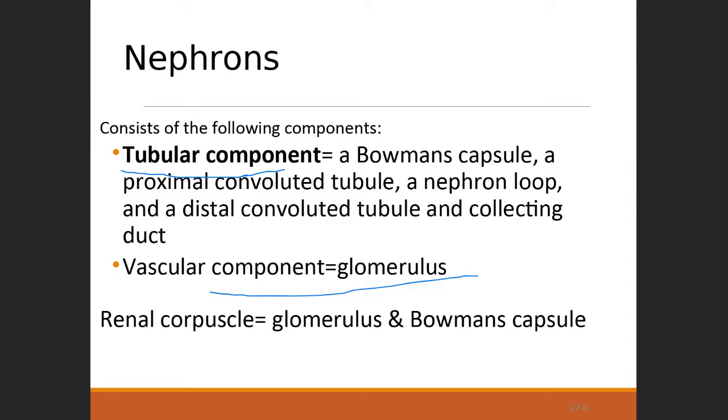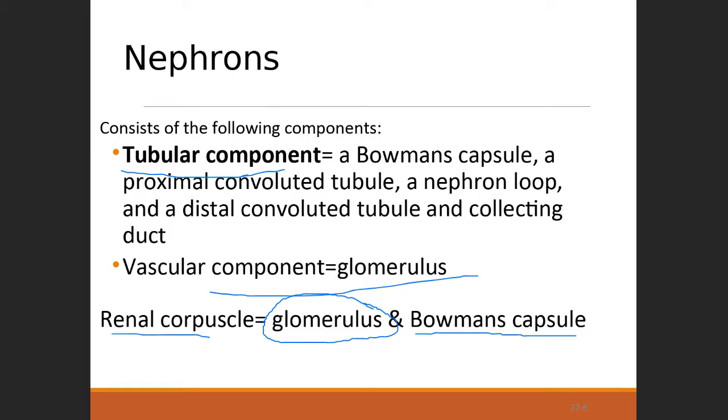That was our highly specialized capillary bed through which we filtered the blood. The Bowman's capsule is distinctly part of the nephron. And together, both of those form the renal capsule.